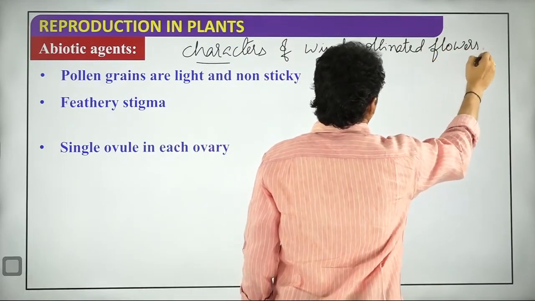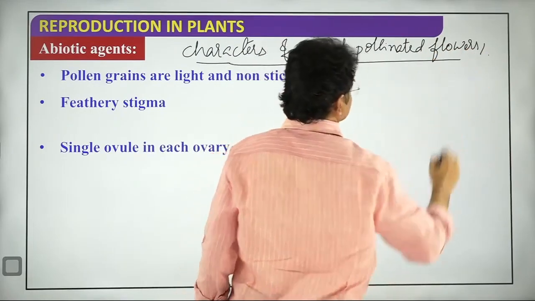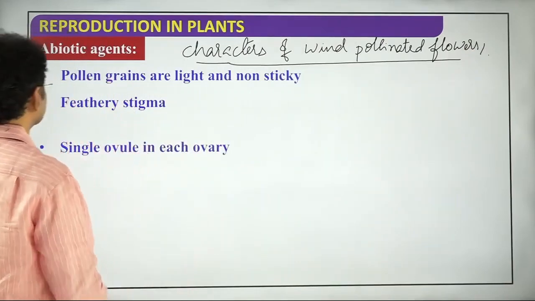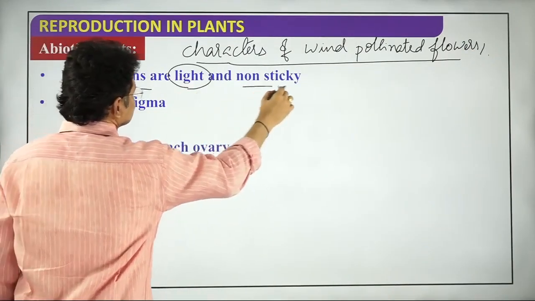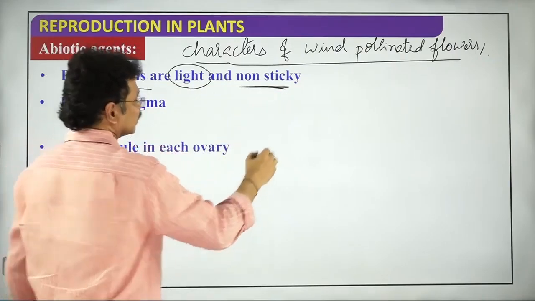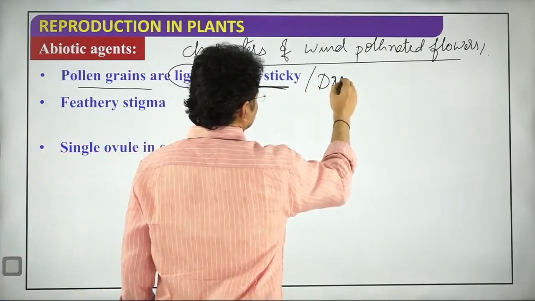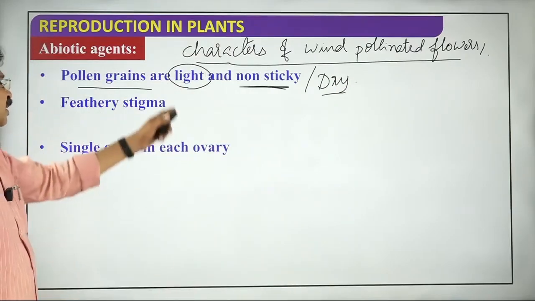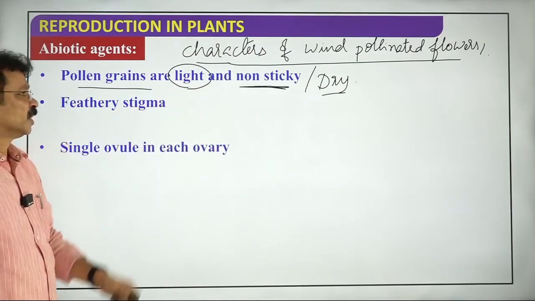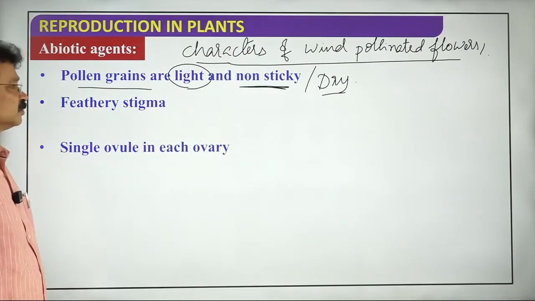Character number 1: pollen grains should be lightweight, non-sticky or dry. Another name for non-sticky is dry. Then they can fly easily in air.